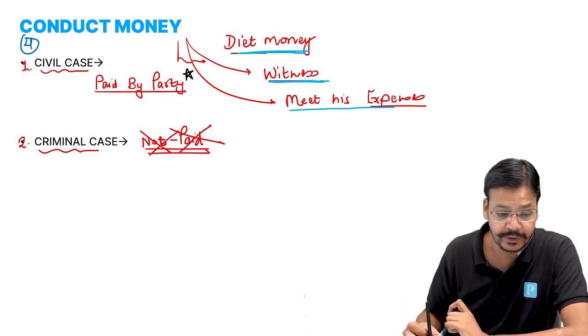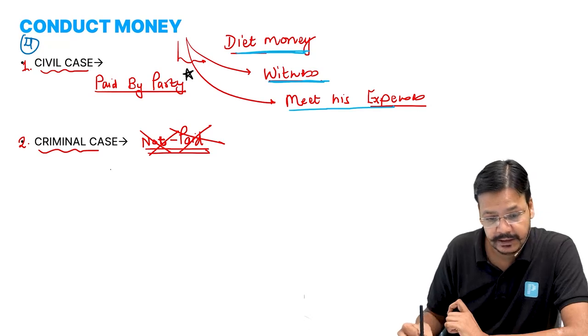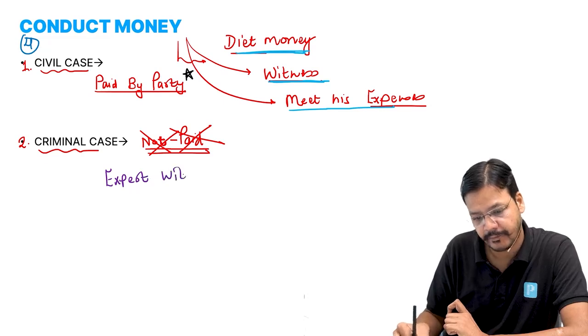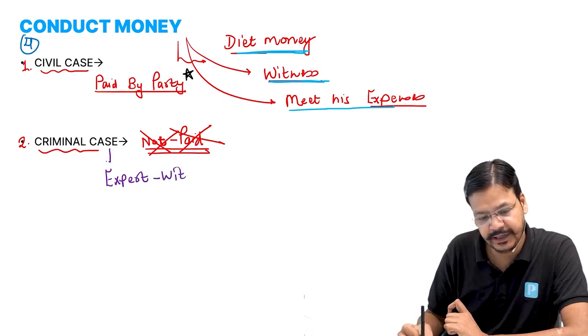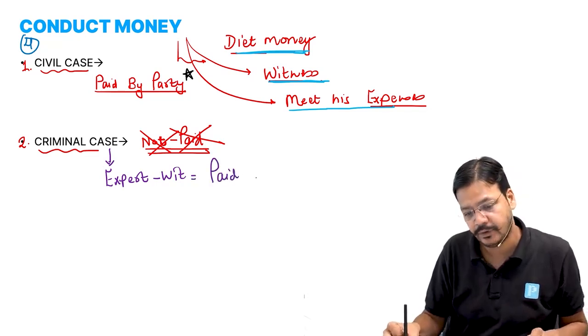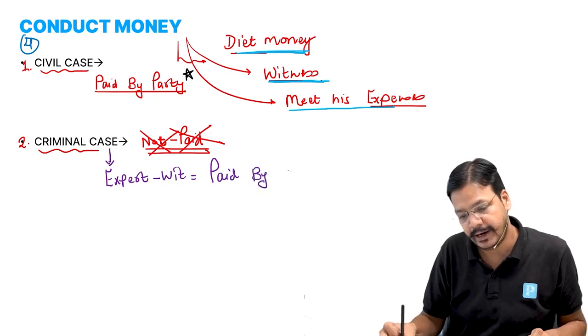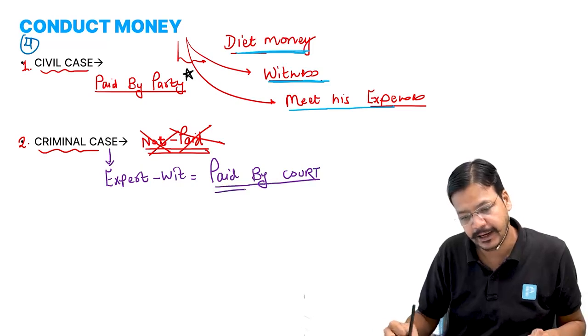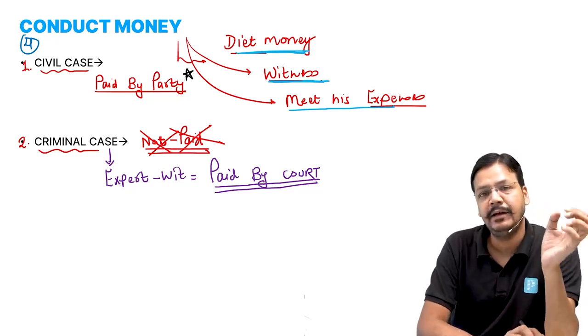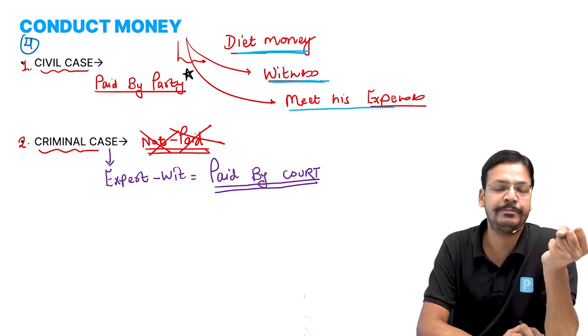But sir, I am coming to one exception. This exception is the expert witness. If you are an expert witness in a criminal case, the conduct money is paid by the court to the expert witness.